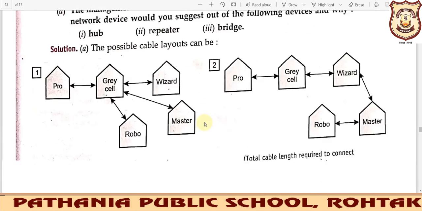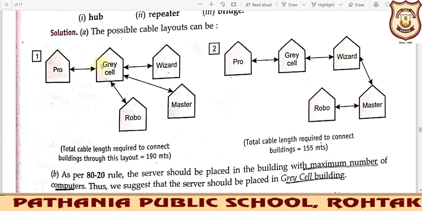It can be structured like this, all the computers connected to this only. Next is a topology giving the appearance of a bus, so you may connect all the computers like this. The length of cable you will need for this layout is 190.